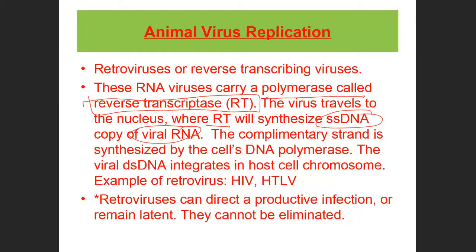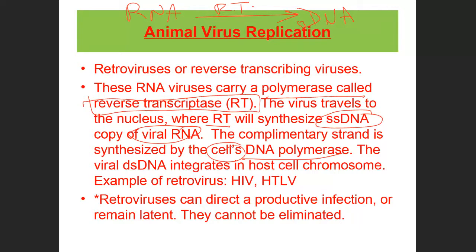So reverse transcriptase can copy an RNA into a DNA. This is a single-stranded copy, so the complementary strand will be synthesized by the cell's DNA polymerase. And then the viral double-stranded DNA is integrated into the cell chromosome and remains there indefinitely.